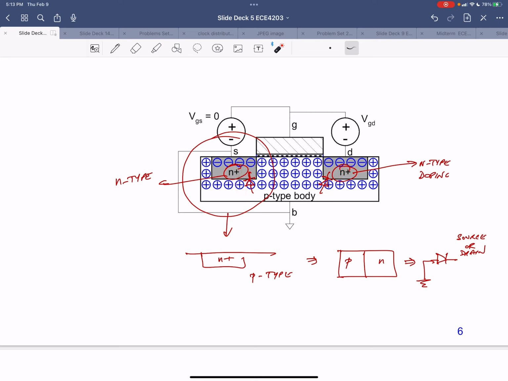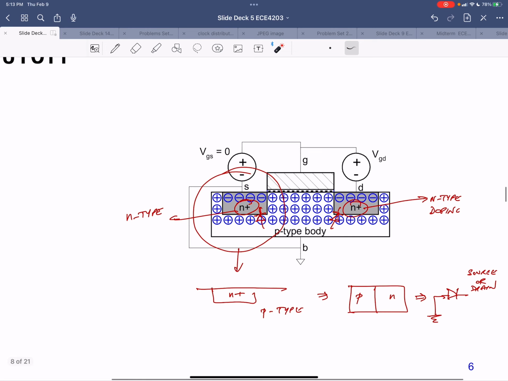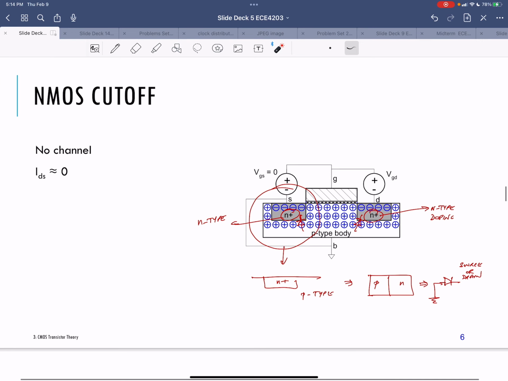There's a barrier preventing charges from moving from the source or drain into the substrate. Initially, when there is 0 voltage at what we now call the polysilicon gate, if there's 0 voltage between the gate and the channel, nothing's happening, because the source and the drain look like completely reverse-biased diodes in all directions, so there's no current flowing from source to drain.